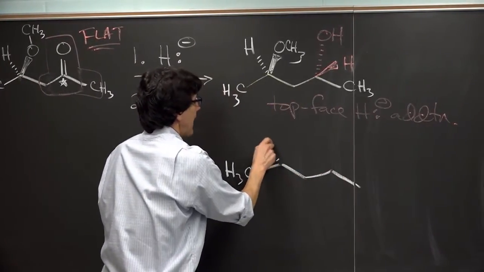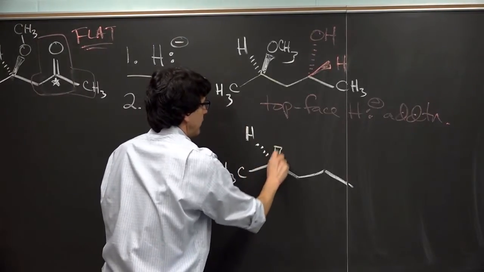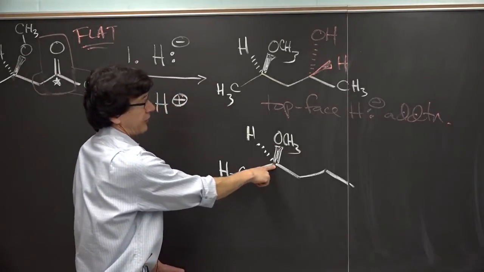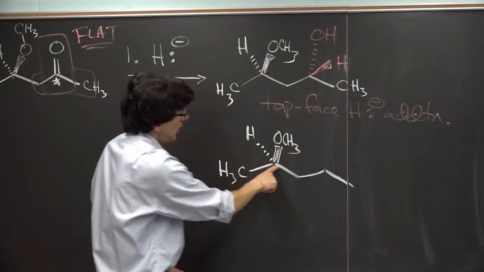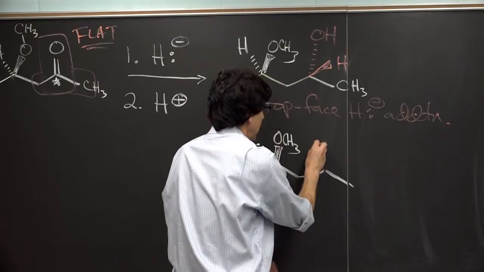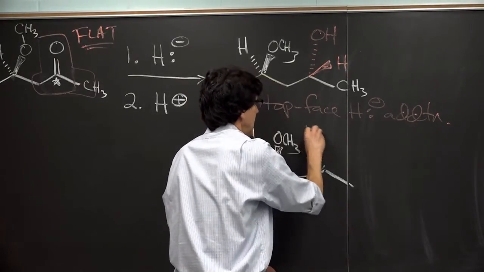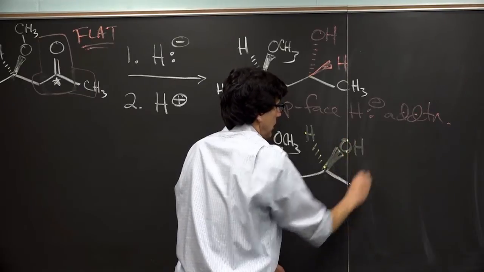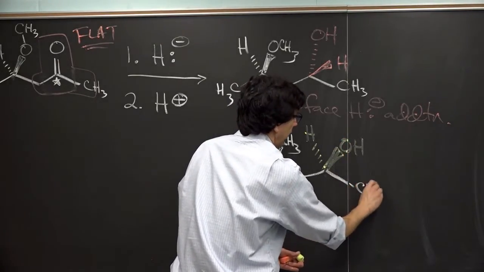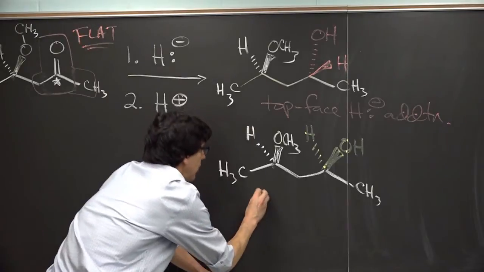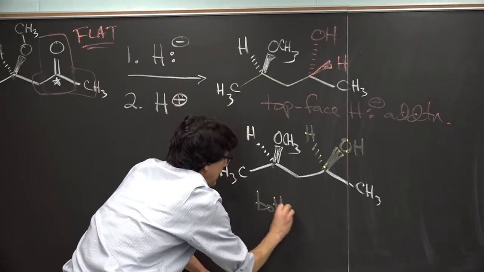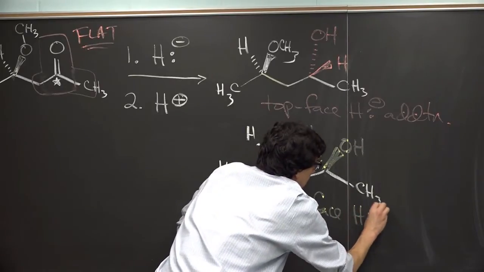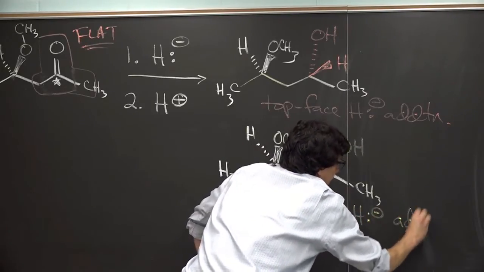Again, nothing has happened over here, so I just have to redraw this chiral center with nothing changed. And then over here, the hydride came from the back, and the OH group is forward. So this is the product of bottom face hydride addition.